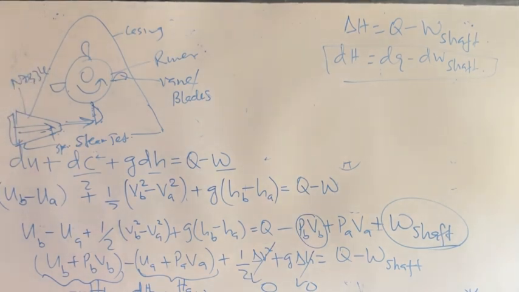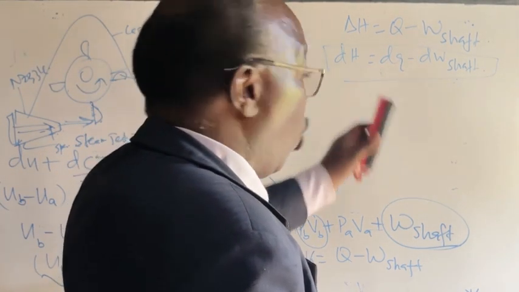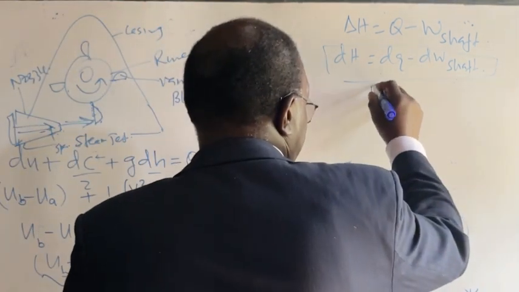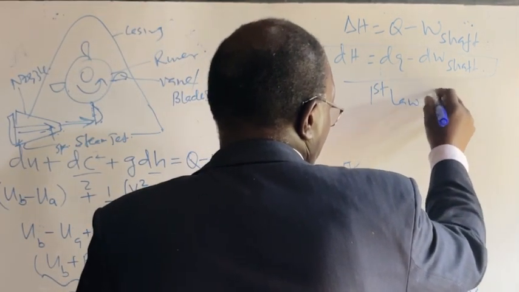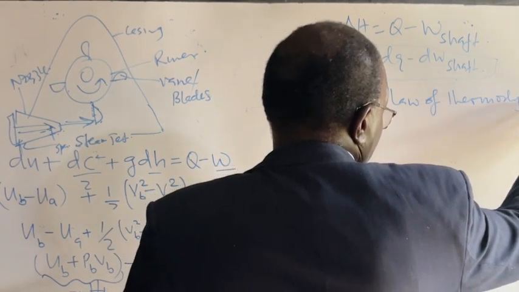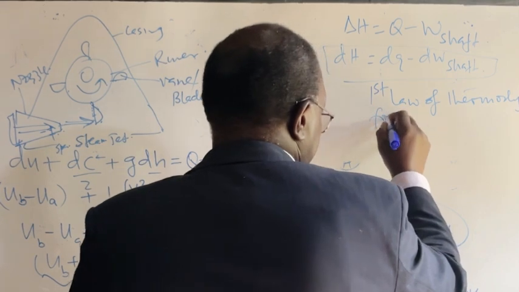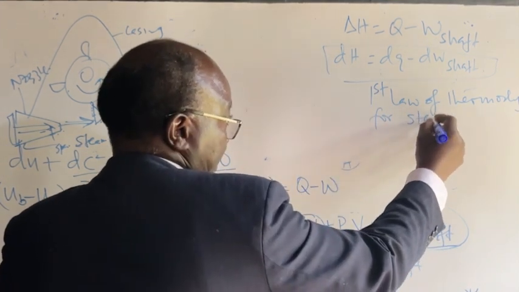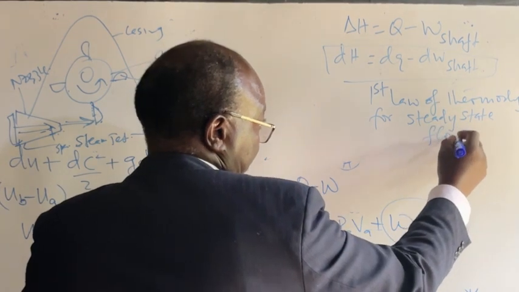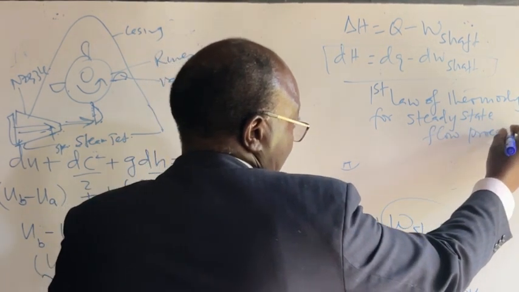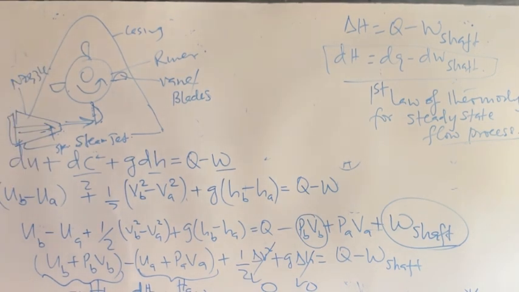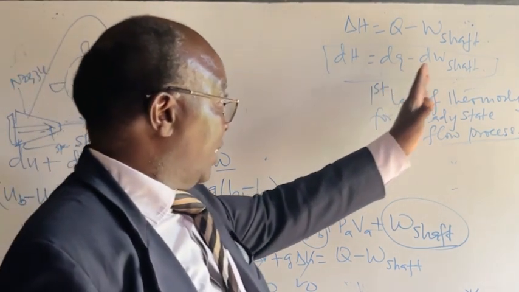So this is the expression for the first law of thermodynamics for a steady state flow process. Very important, very, very important. Always remember that that is the expression for first law.